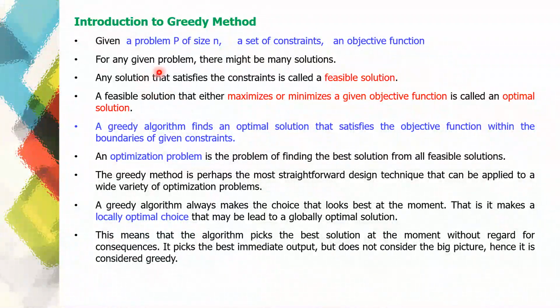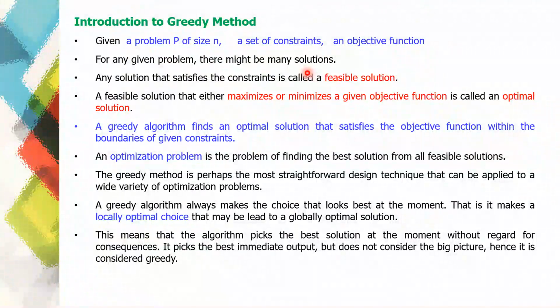For any given problem P, there might be many solutions. They might be using divide and conquer approach, or greedy approach, or not any particular algorithm approach, you're just solving it simply. There might be some solutions which use greedy approach.